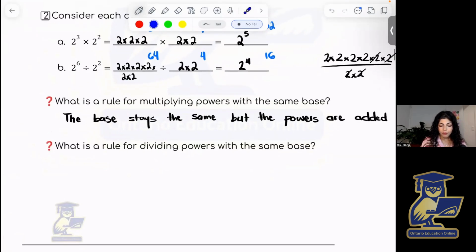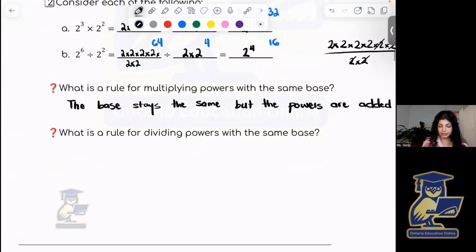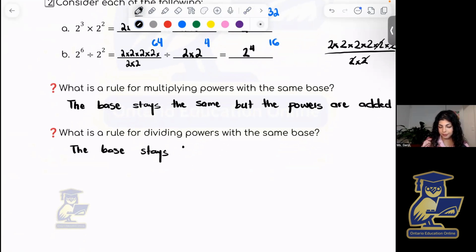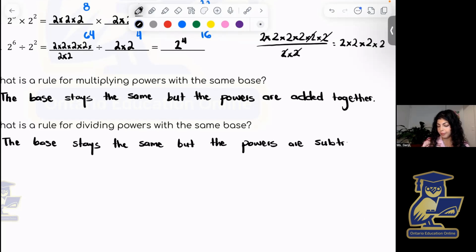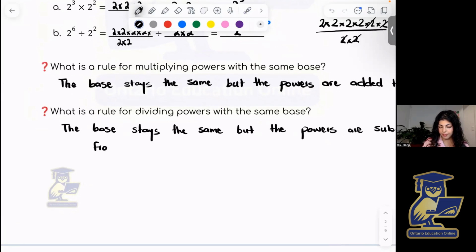Now, for dividing powers with the same base, again, the base stays the same, but here the powers are actually subtracted from one another.